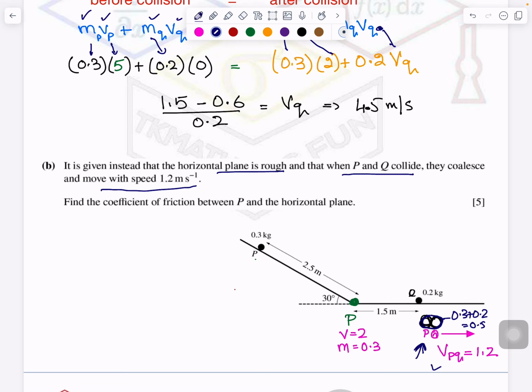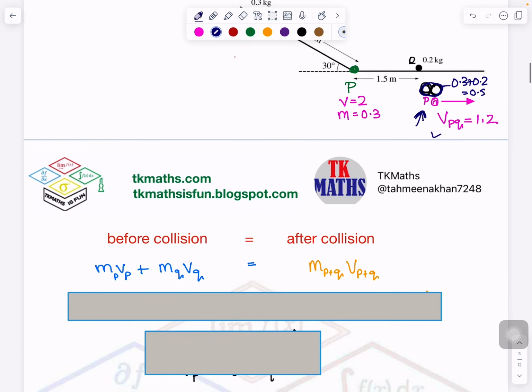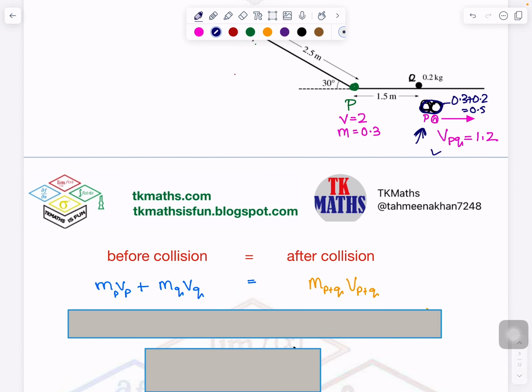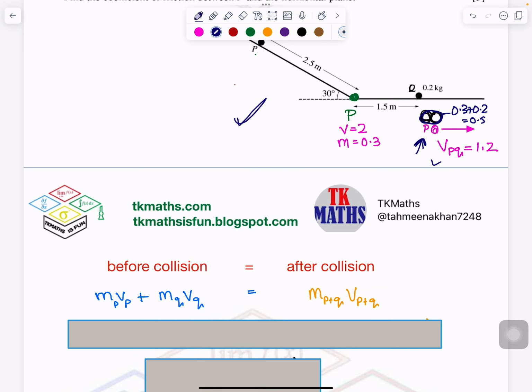I have to find the coefficient of friction between P and the horizontal plane. So how will we find that out? Let's see here. Again, according to the law of conservation of momentum, before collision and after collision, it will be the same, right? So if I see the diagram here, you can keep it in front of you.